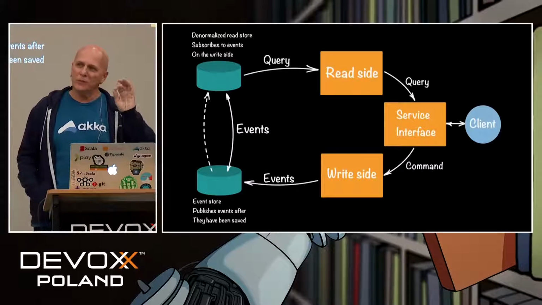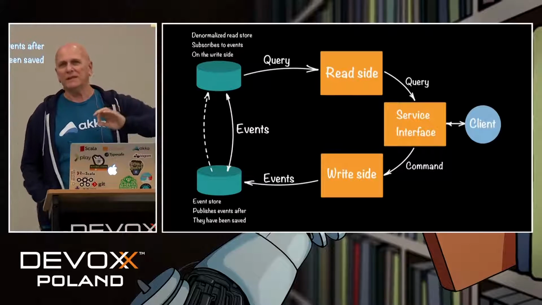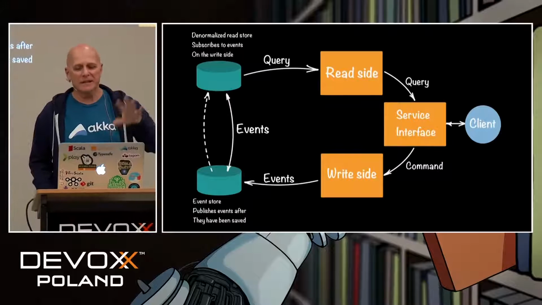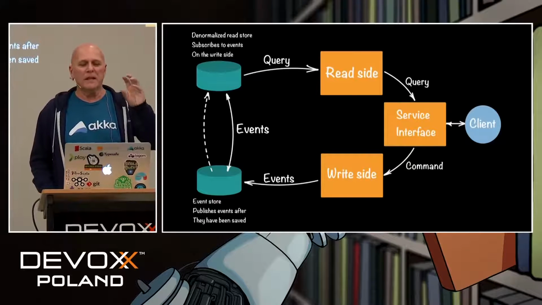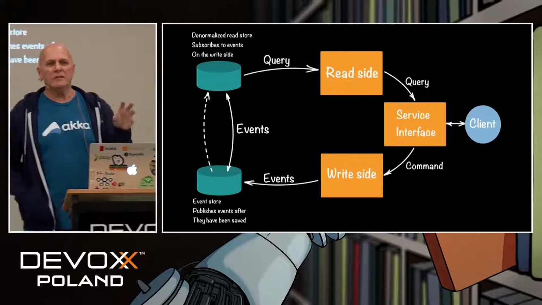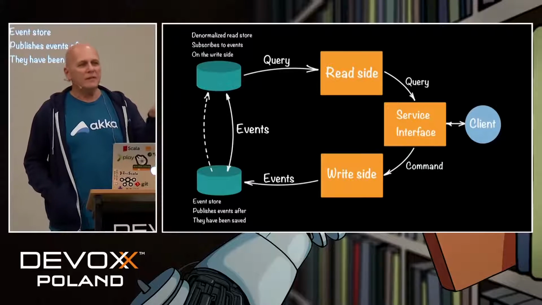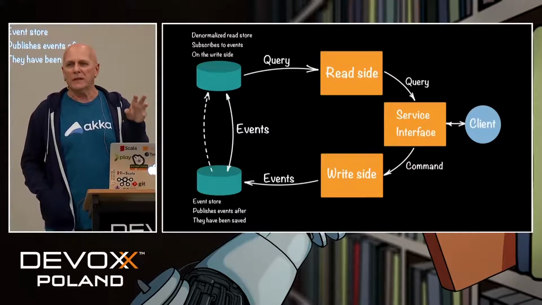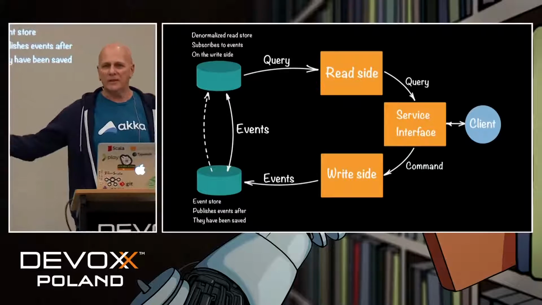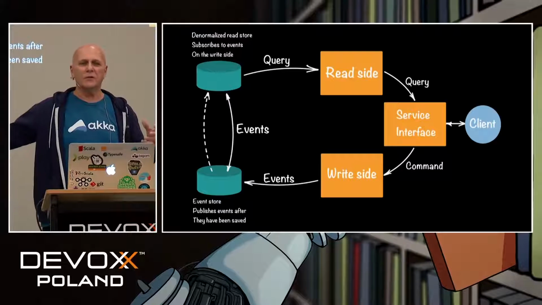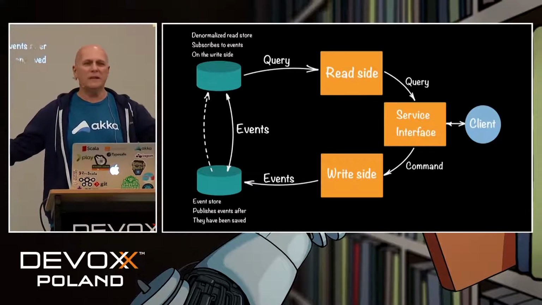And I picked the word communicated because they're not necessarily being pushed, and I'll get into that in a little bit. But in any case, the query side, the read side, is your favorite database. So it could very well be a relational database. So it could be Cassandra on the write side for events, and maybe MySQL or Postgres for queries.